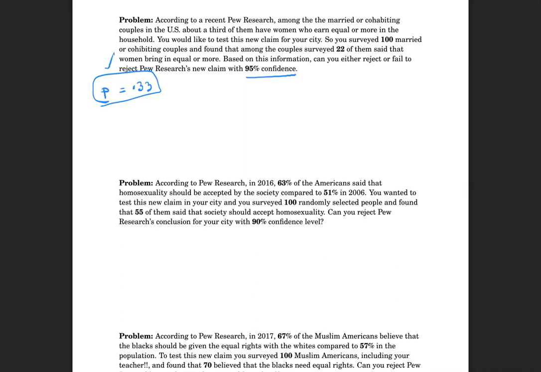So you go to your city and you survey 100 people, and 22 of them said that the woman in the household earns equal or more. So your n is equal to 100, x is equal to 22, p hat is equal to x over n, which is 22 over 100, equal to 0.22. Your p hat is 0.22.